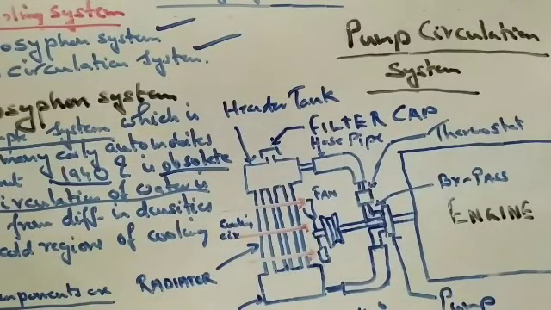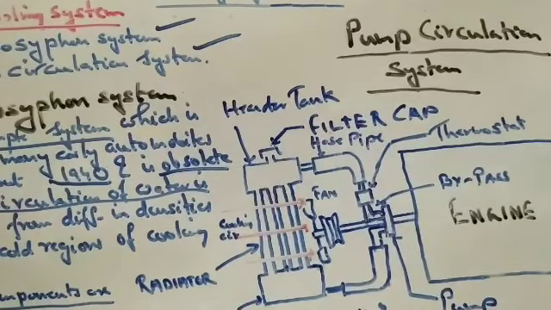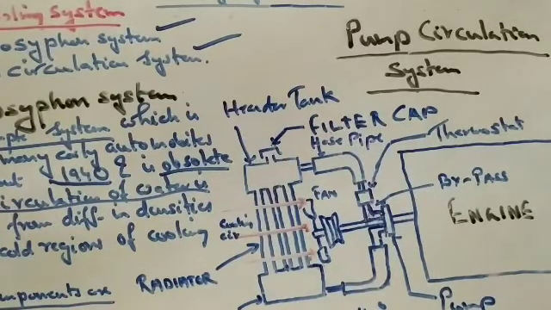By this pump, two operations are done. The pump is driven by a belt from the engine crankshaft, so depending on the load or the speed of the engine, the pump speed increases. If the engine is working under a heavy load or at very high speed, the pump will operate more, and the coolant supply will be more.